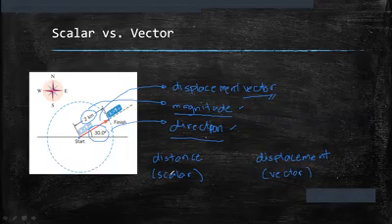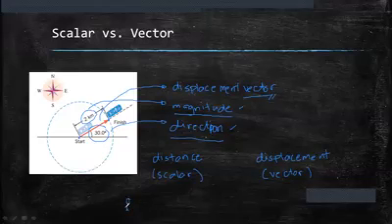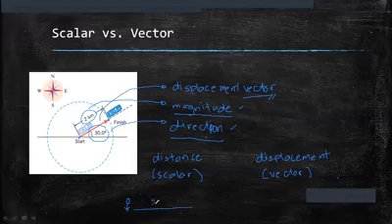So the difference between them: distance only covers how far, or the length, of up to 2 points. Let's say Mario walked 20 meters to the east and 10 meters to the north.